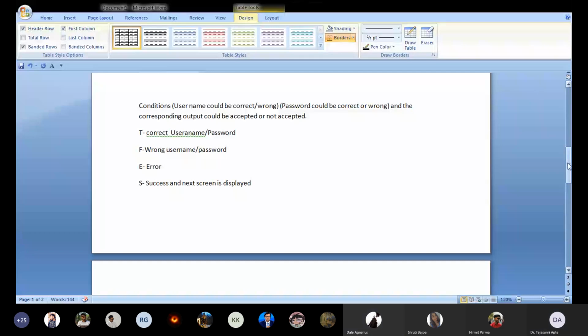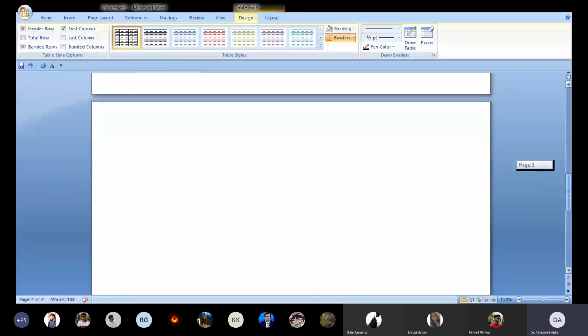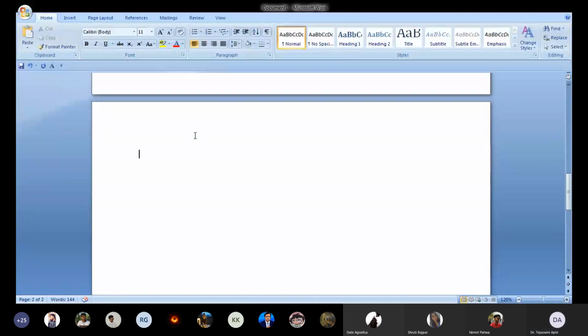Yes, ma'am. Okay. So again, if someone asks you to create a decision tree for the password in black box testing, you can create a table like this, decision table testing. You are going to have case one, when username and password are wrong.